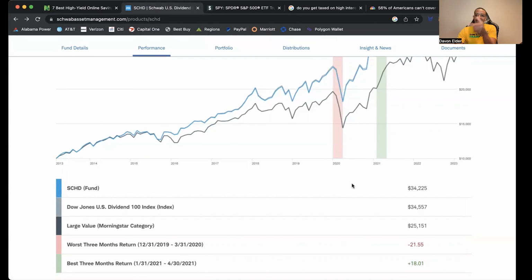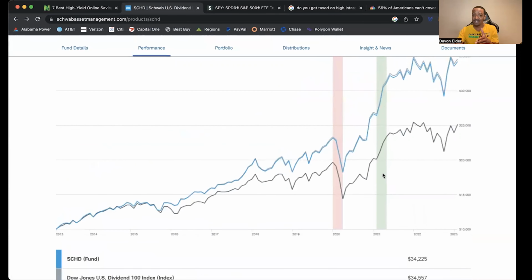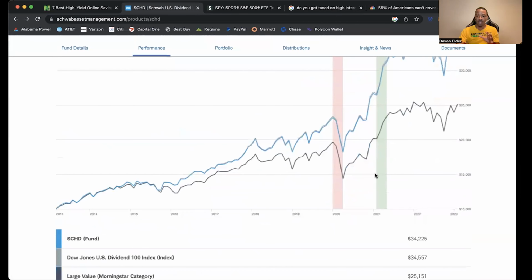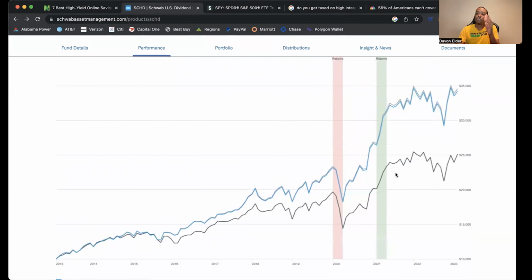So the worst and the best returns that we had were within the last 3 to 4 years, right? So what that tells us is that the market has been very volatile over the last 3 to 4 years. But at the same time, the ETF is still being able to do what it is designed to do.